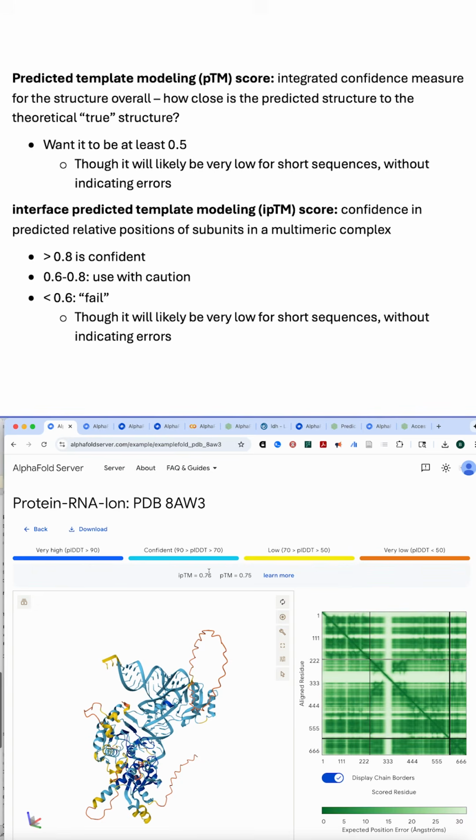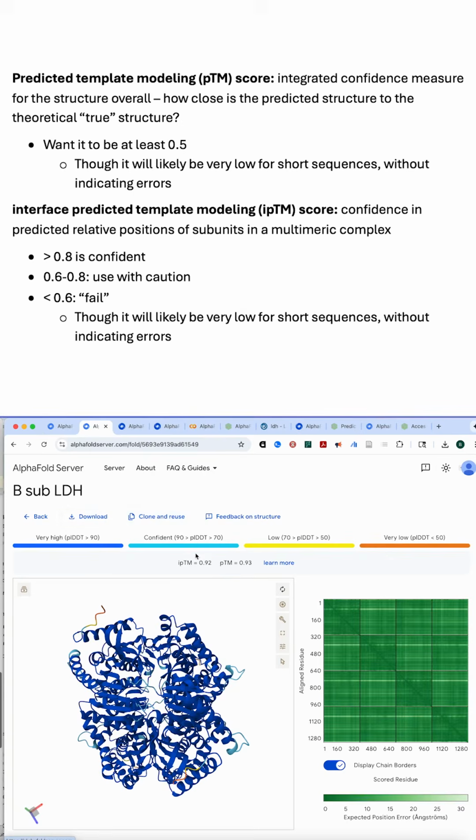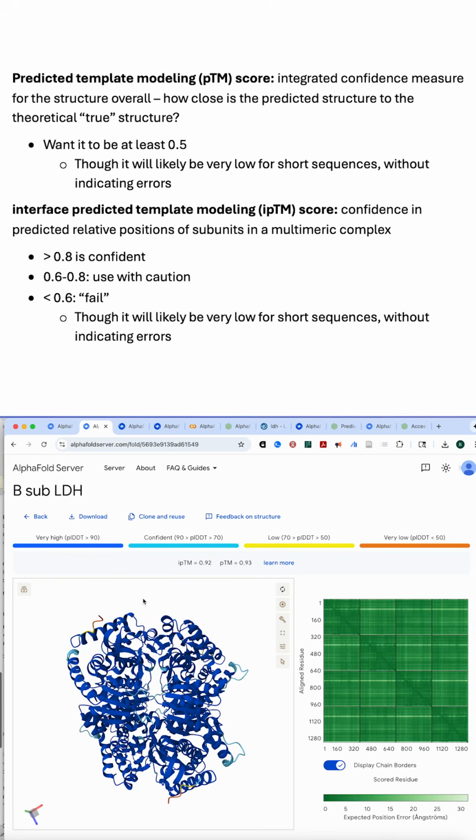This 0.6 to 0.8 range is the use with caution. If you have lower than that, then you consider it basically a fail, except if you have a really short sequence, and then it's always going to be really low. Over 0.8 is great, and so we've got really close to 1 here, so this is indicating that this is a very confident structure for the most part. Again, with the caveats about those parts that are showing in the orange.